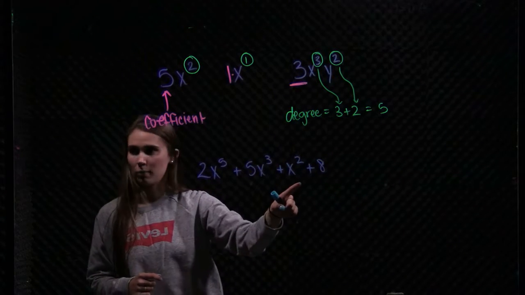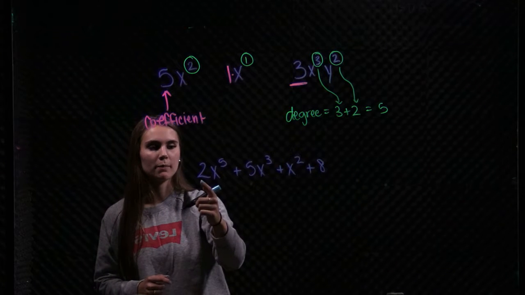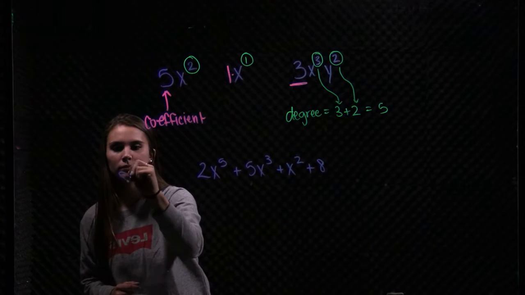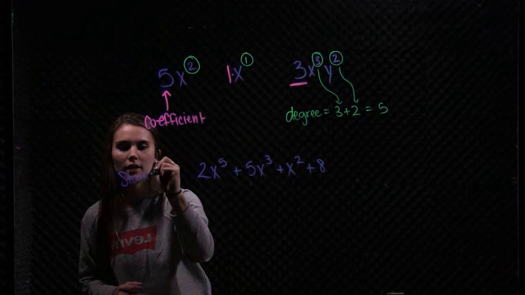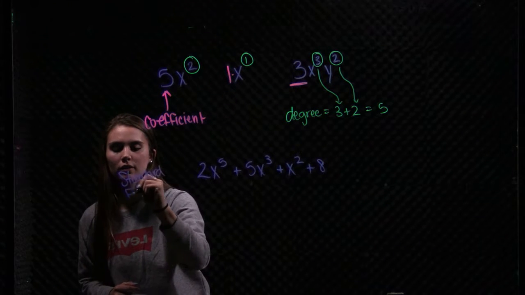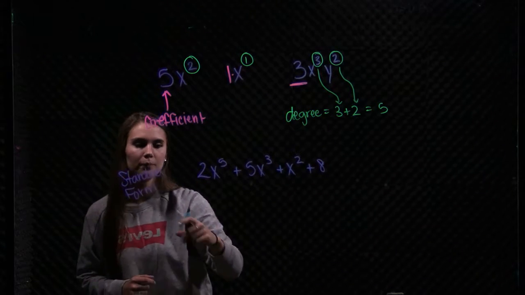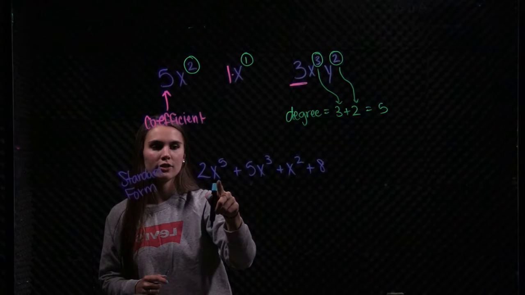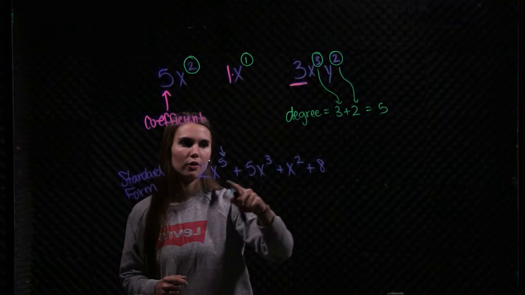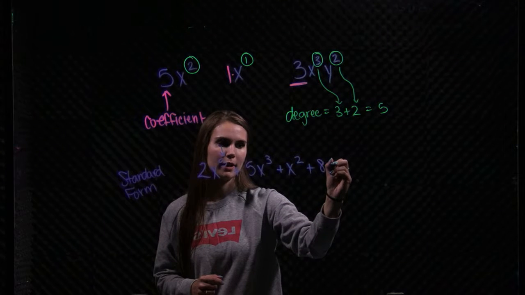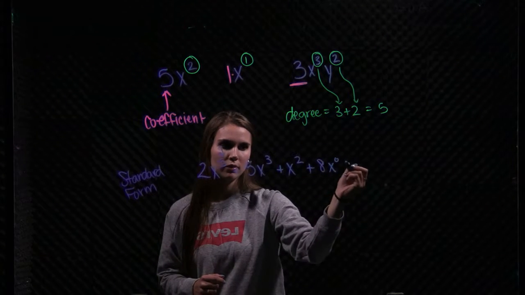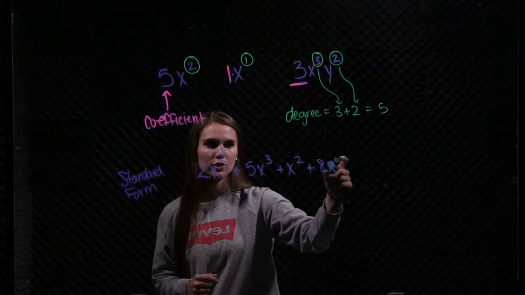And when we write a polynomial, we want it to be in standard form. Standard form is going to be with our highest degree to the lowest degree. And our 8 is going to have an understood x to the 0. It doesn't have any x values. So that's going to be last.